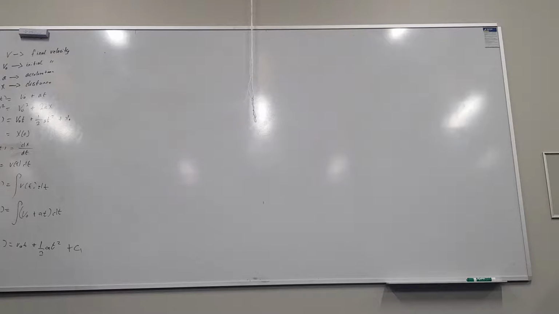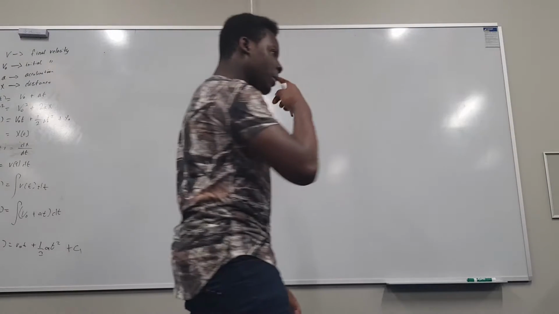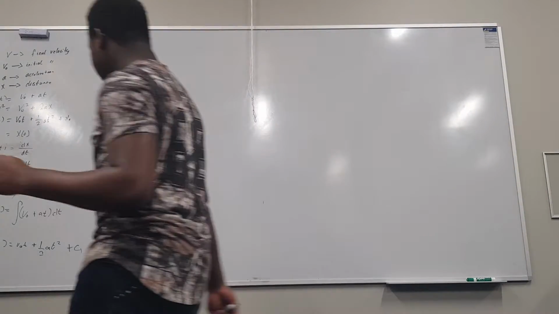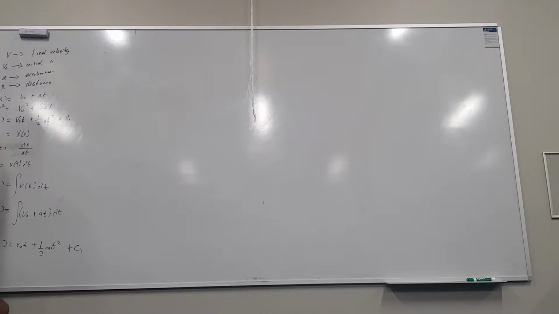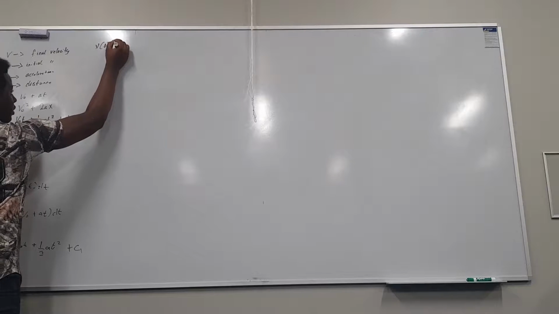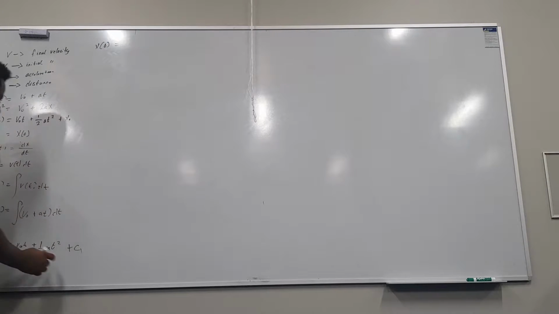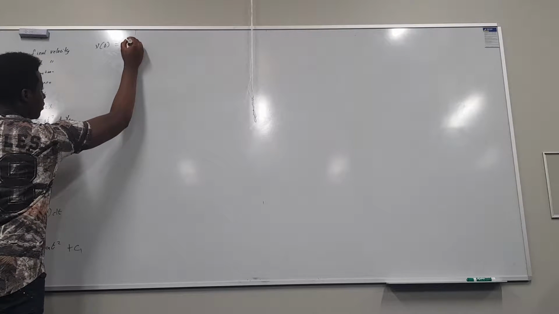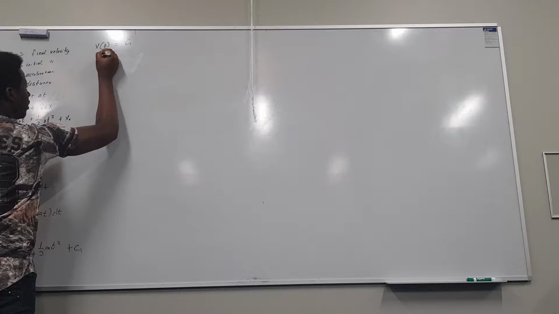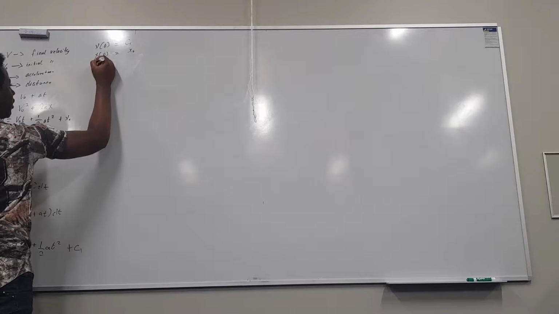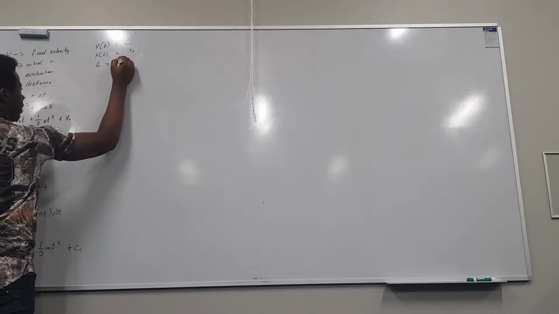So c1 is going to be based on the initial value of t, or initial condition. So we say c1 is when t equals 0. So x of 0 is equal to 0 plus 0 plus 0 plus c1, so that's c1. So x of 0 is equal to the initial distance, hence c1 is equal to x naught.